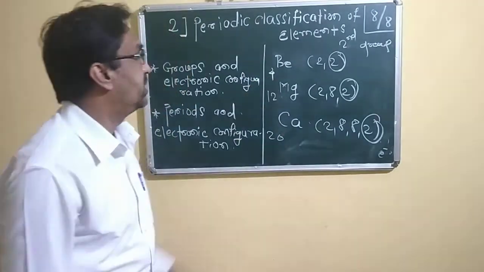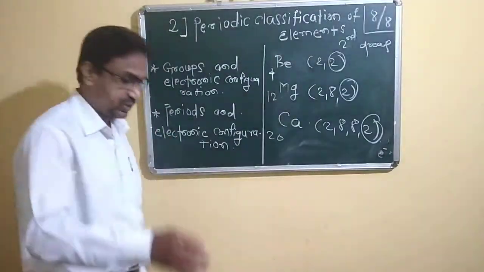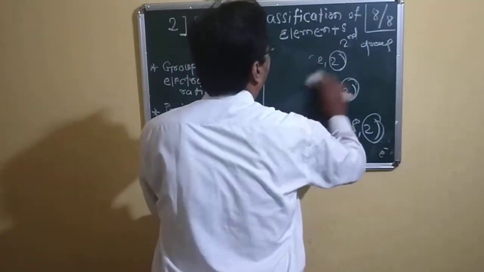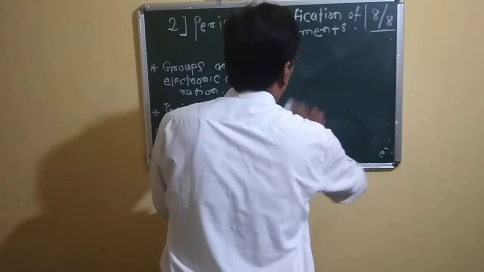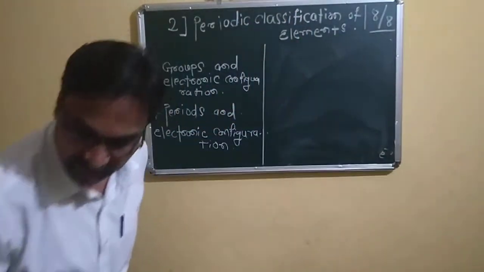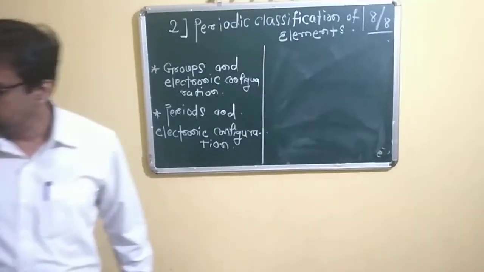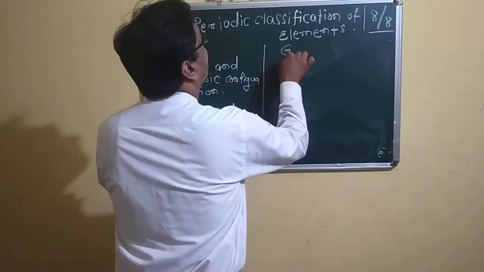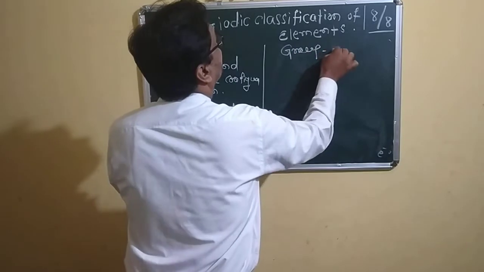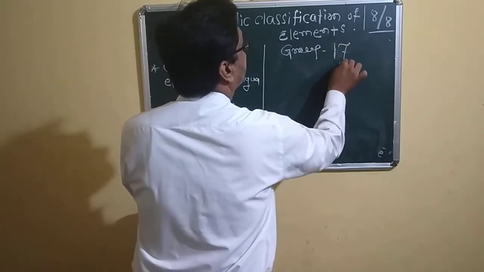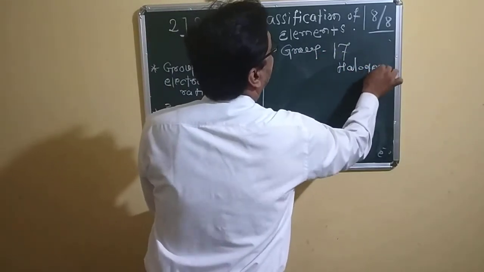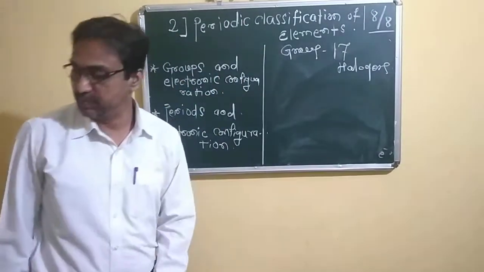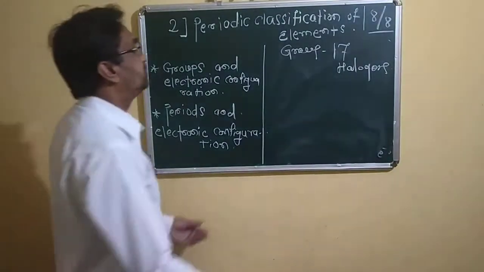Okay, so we take another example, halogens. Let's see in our notebook, halogens have group number 17. We are taking only two examples, fluorine and chlorine.